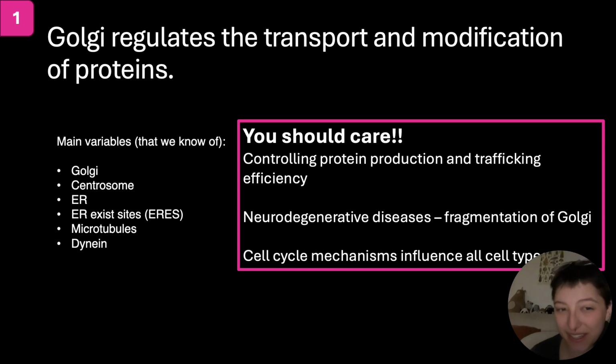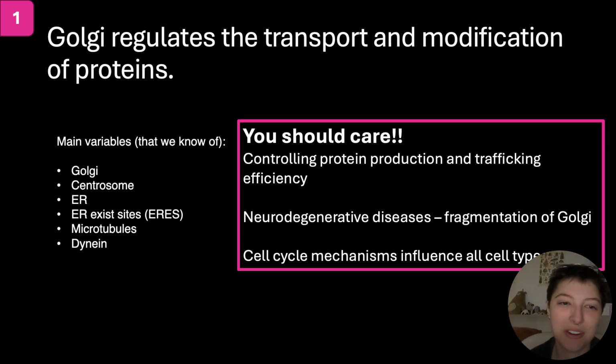Why you should care. Any fundamental cell process is going to impact everything.